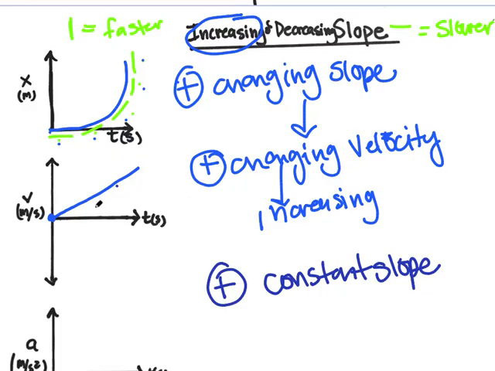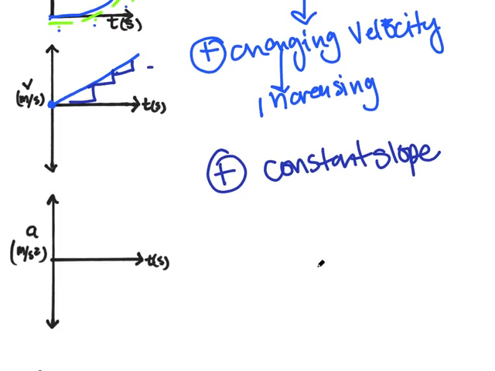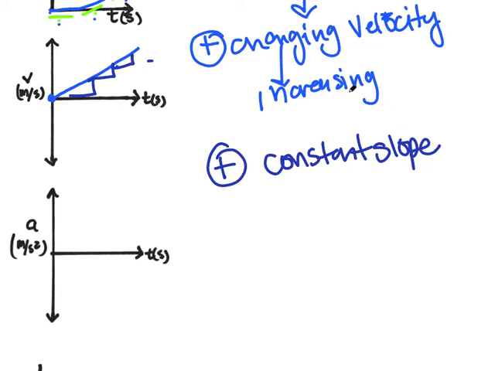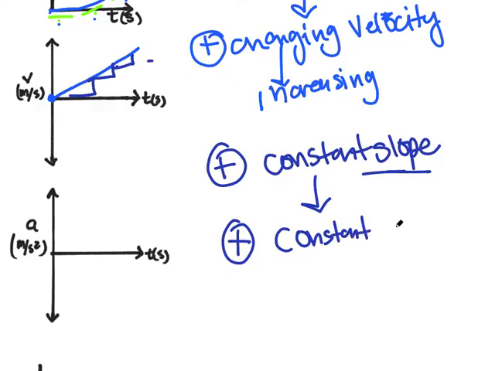But the slope, remember the change in, right? The slope shows constant. So every second, it's increasing by the same amount. So we have a constant slope. Now, what does the slope on a velocity time graph represent? It represents acceleration. So we can change this word slope to positive constant acceleration.